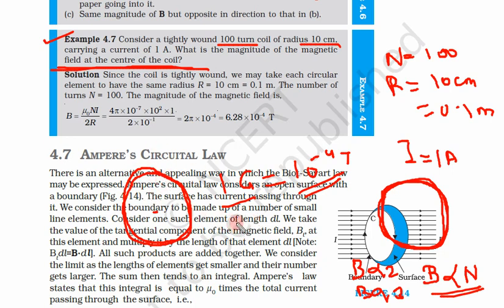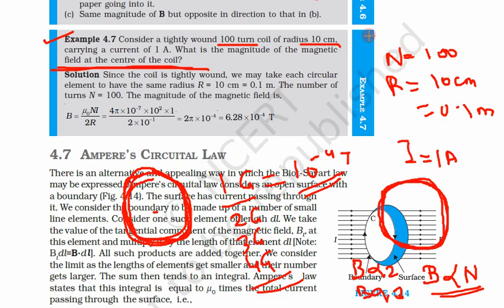So what will happen? This will become 2 Gauss. If the wire is further lengthy, if there are 3 loops, then this will become 3 Gauss. 4 loops, 4 Gauss. So as the number of loops are increasing, the magnetic field is also increasing.